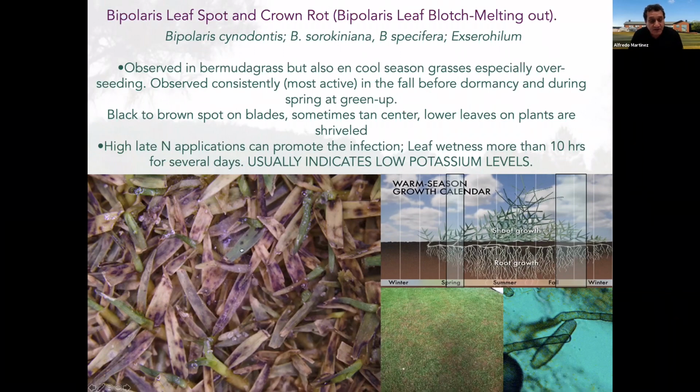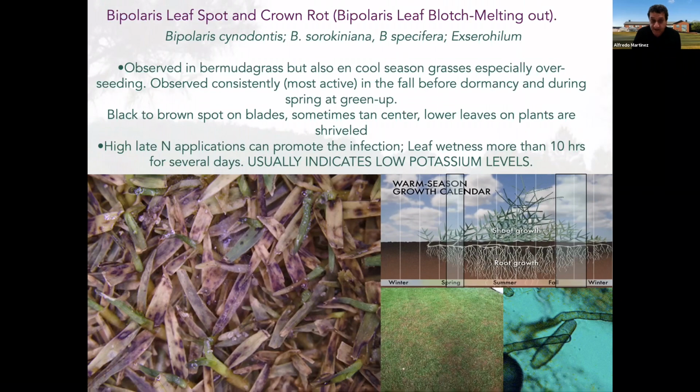Every little lesion there on the leaves is capable of producing a lot of spores. Therefore, it will be spread all over, either by feet, equipment, water, the dog running around, things like that. And contrary to dollar spot, which does not form spores and needs little pieces of the grass to be transferred.